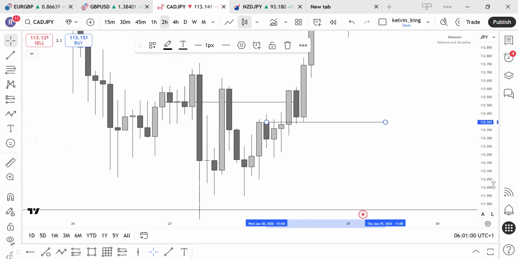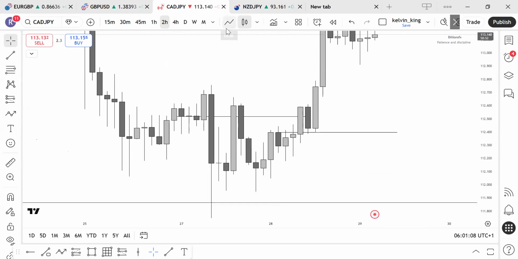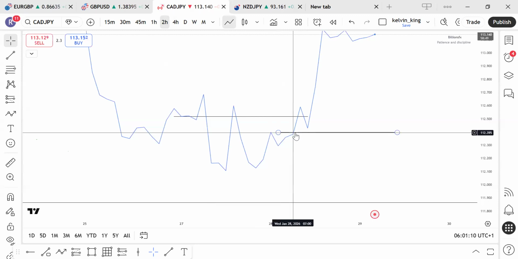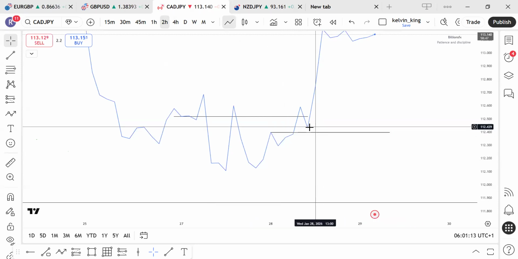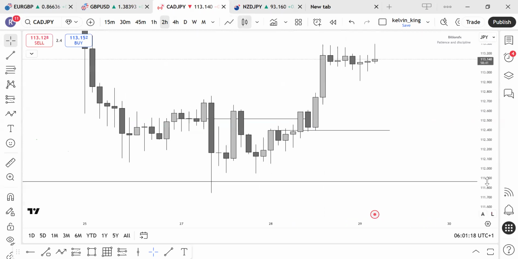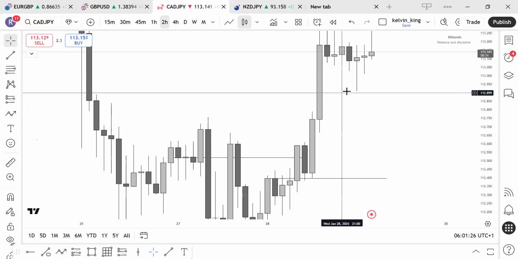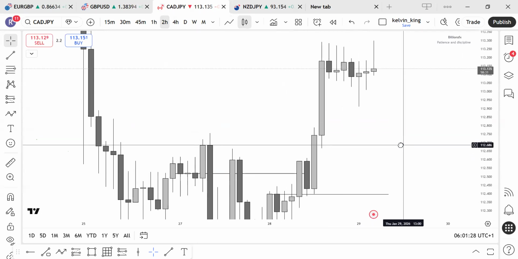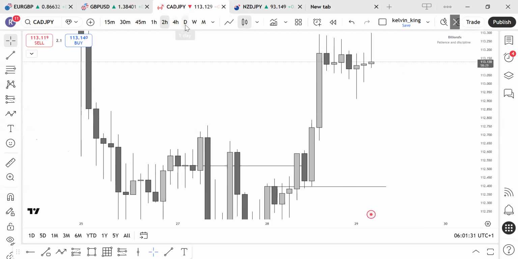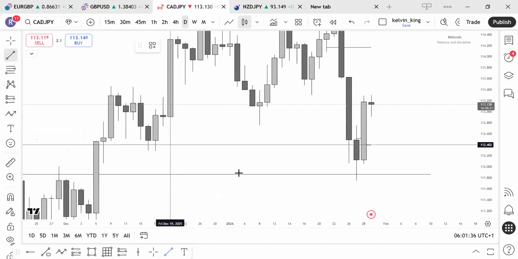Now, the entry does not need inducement. You only need inducement when you are building the bias. The entry does not need inducement. It's just breakout and retest. As you can see, price breaks the level and then comes back to retest it. Inducement when building bias means when we're looking for price to reject a key level, this is the inducement for this key level.